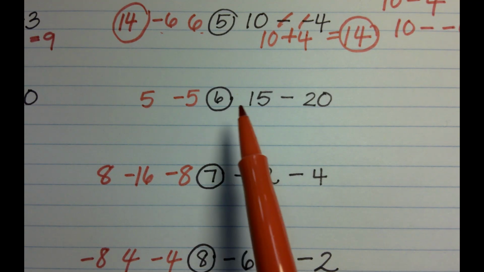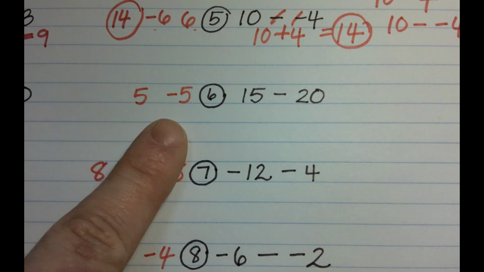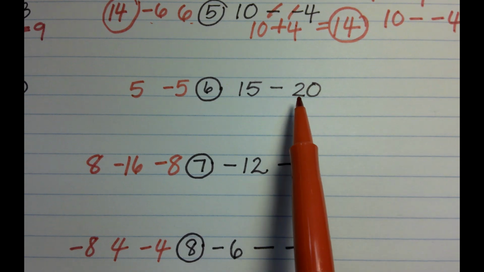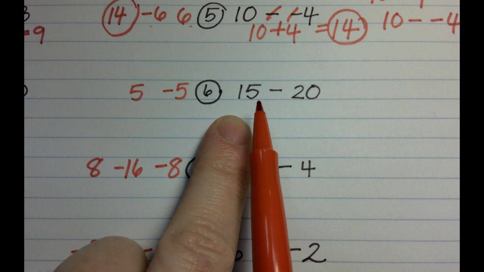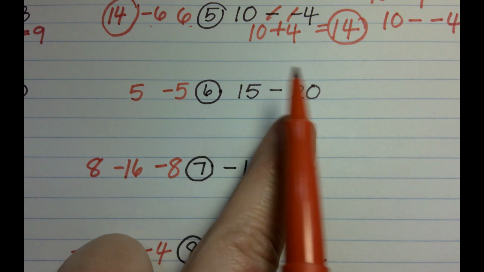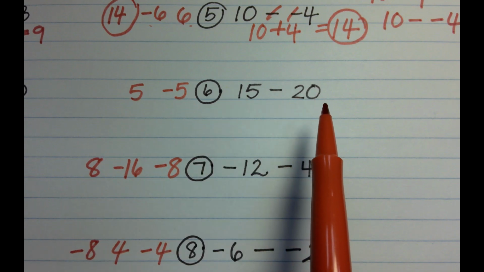Number 6, 15 minus 20. 5 and -5, which one is it? -5. Can somebody tell me why it would be -5? Because the number 20 is larger than 15. Yes, 20 is bigger than 15. If I start with 15 and I take away 20, I'm taking away more than I have.